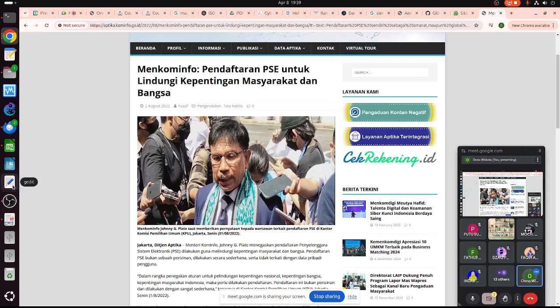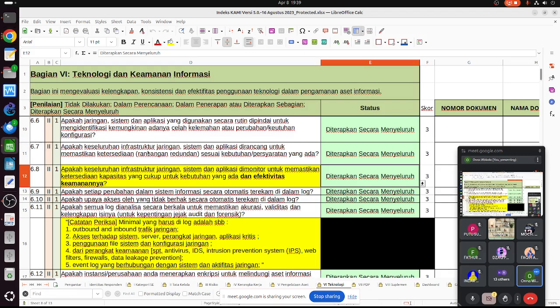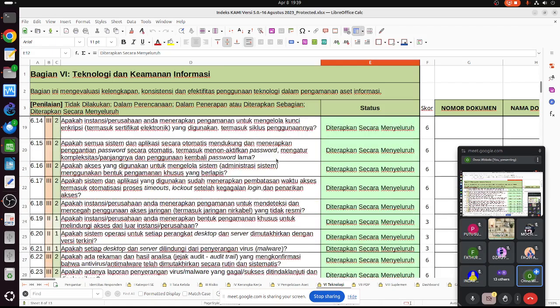Okay, now back to the Indeks KAMI. Make sure you download it. If you are not deploying any public application, this is not really needed, but at least you know what is important.